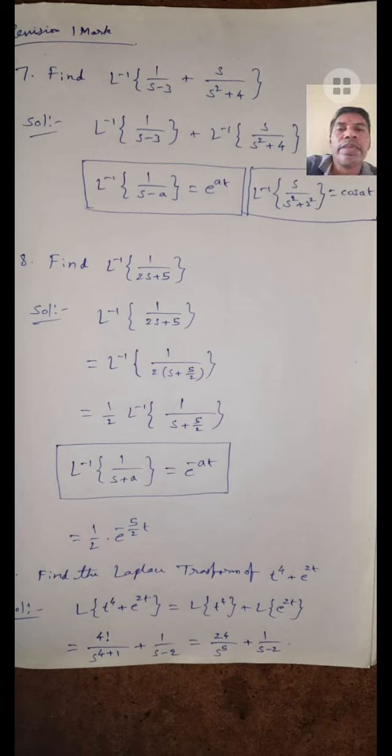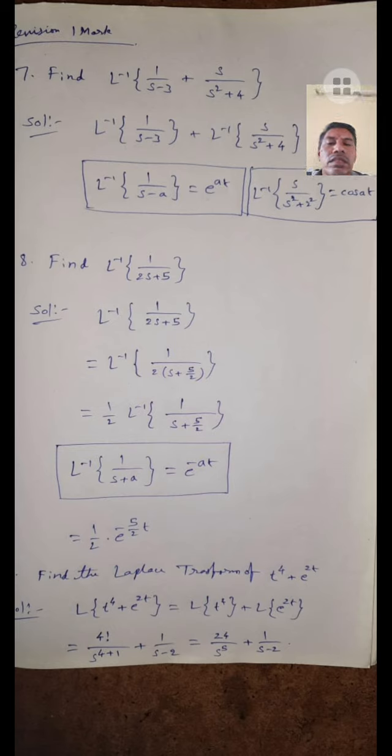So here only formulas are given, so based on the formulas we can write the solution. You have to write one line, that is e power 3t plus cos 2t.